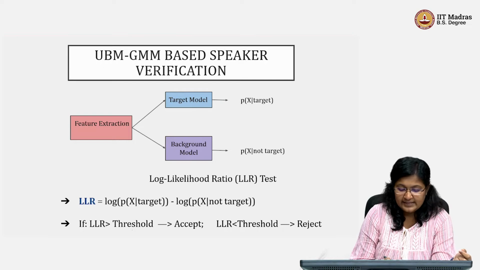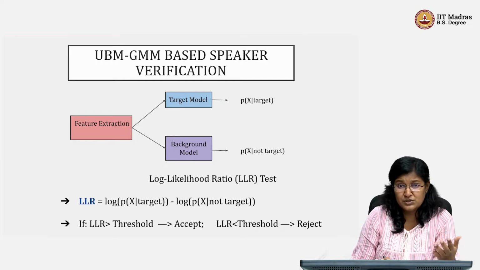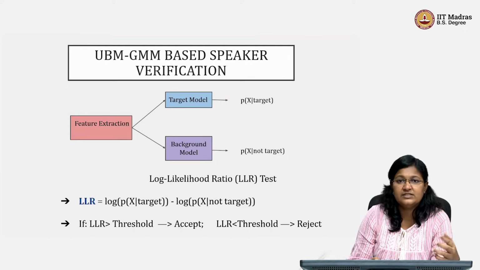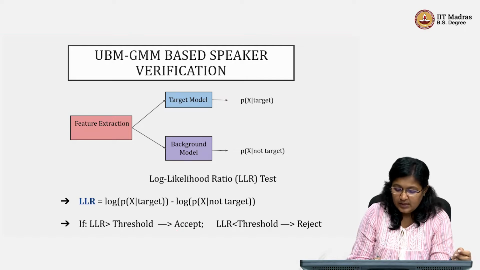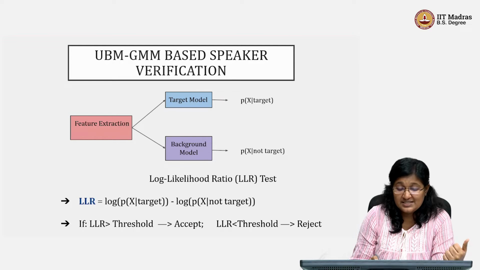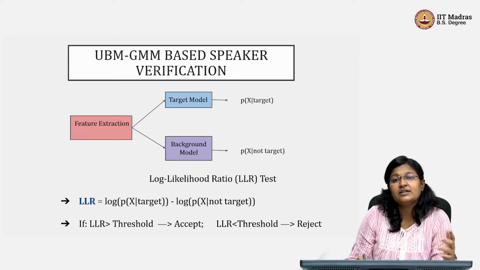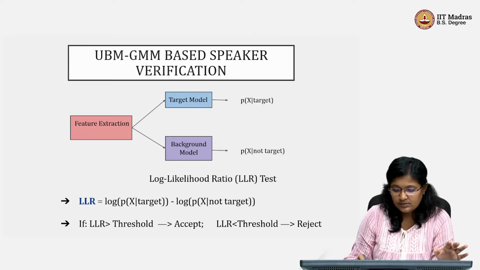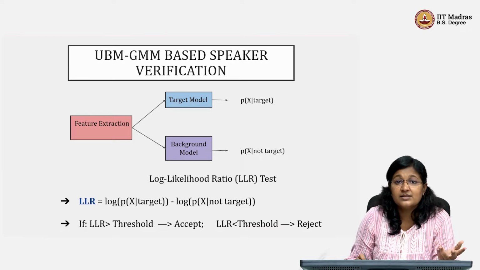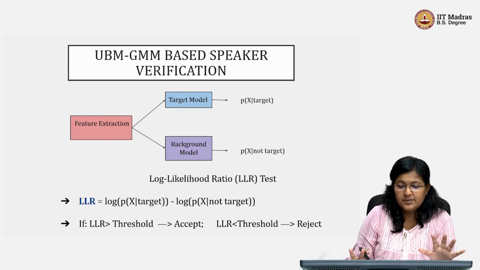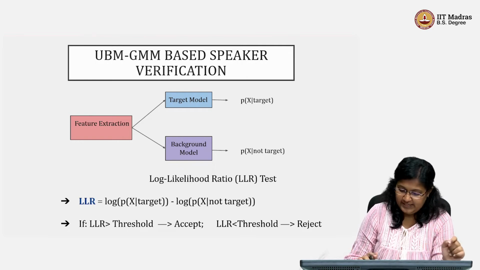If this value is greater than a threshold, which is to be set by us and adjusted accordingly to see what is acceptable, we'll accept that it is from Alice because the person has claimed that he or she is Alice. If it is lesser, we are going to say that this person is not Alice, and we are not going to allow the person to access the data of Alice. So this is UBM-GMM based speaker verification.